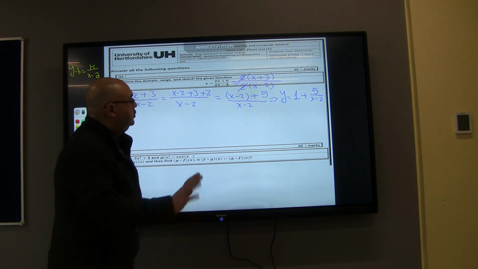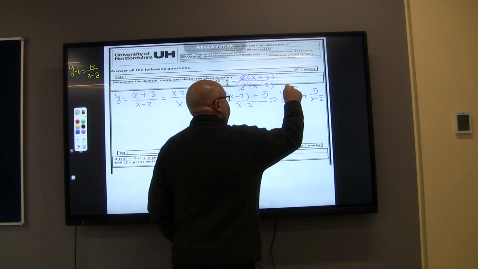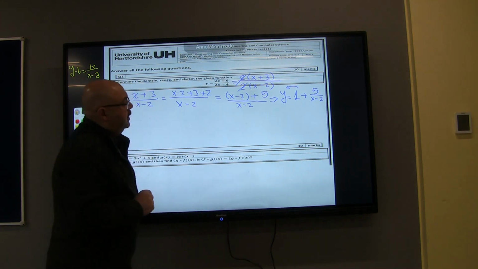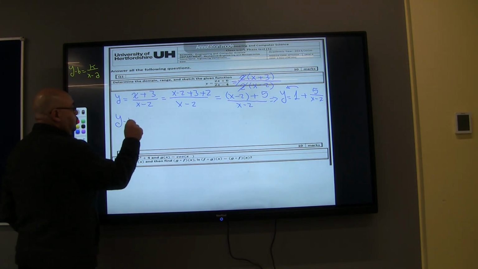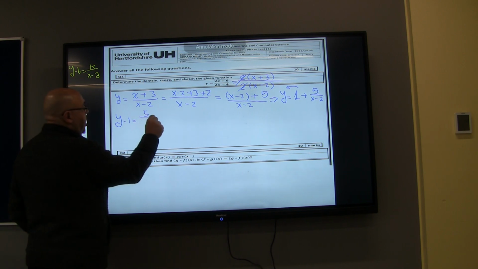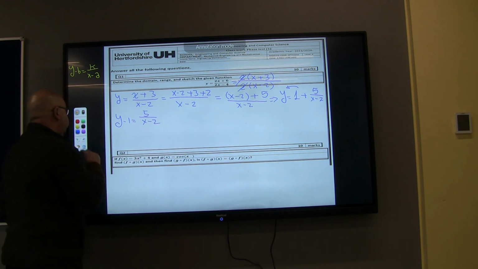Try to rearrange your form as fast as possible. So it's going to be y minus 1 equals 5 divided by x minus 2.